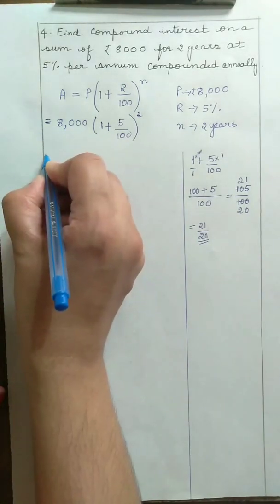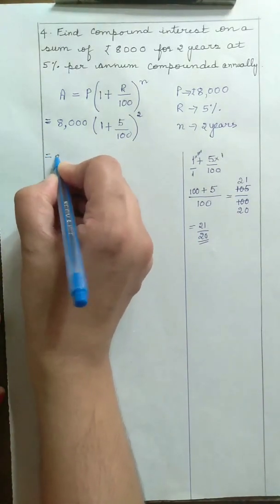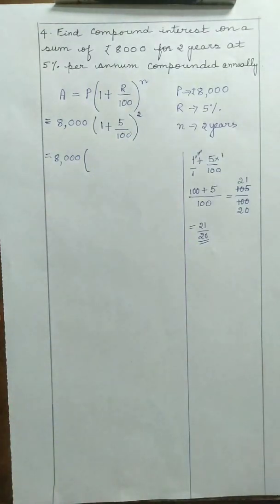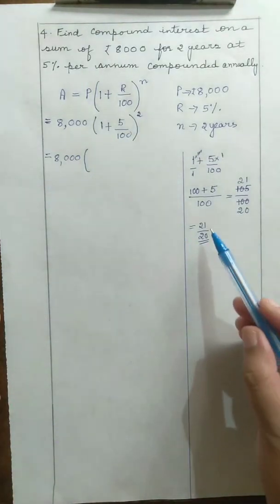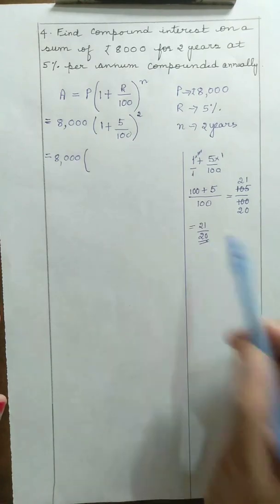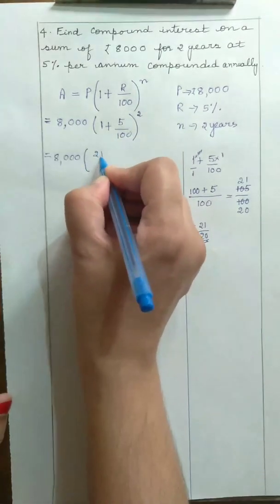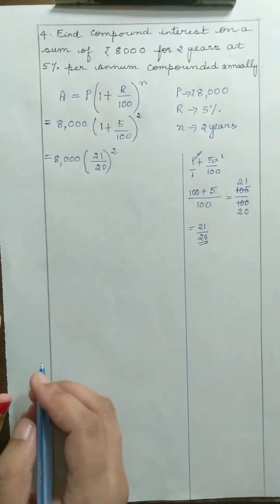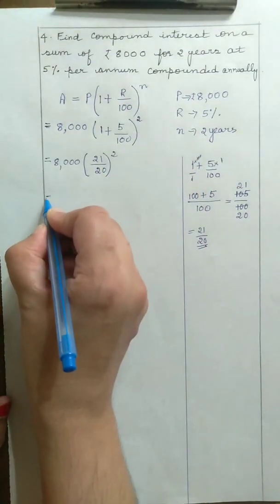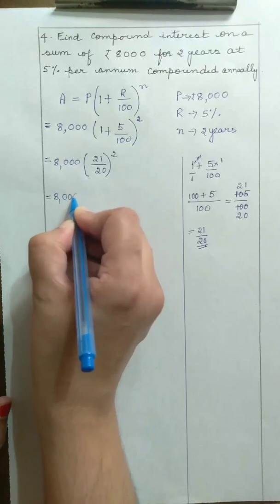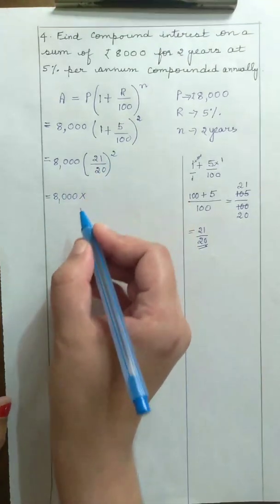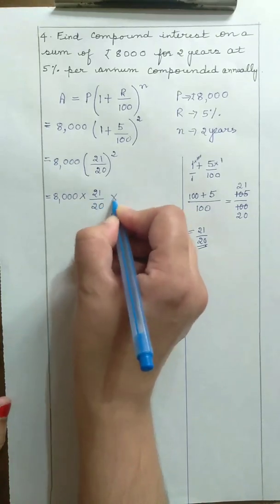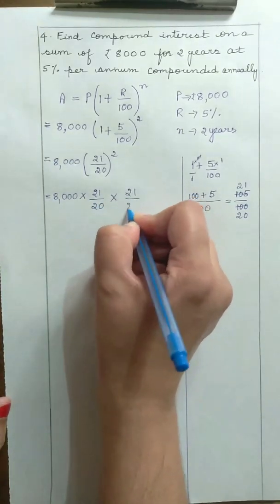Now let us substitute here, children. That means it will be equal to 8000 into, when simplified, 1 plus 5 by 100, we got the final answer 21 by 20 whole square. Therefore, in the next step, we shall write this as 8000 into 21 by 20 whole square, which is 21 by 20 into 21 by 20.